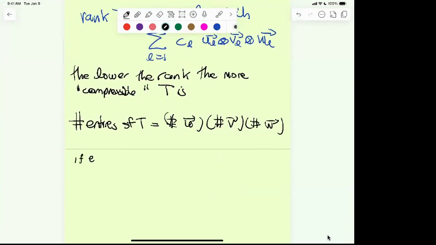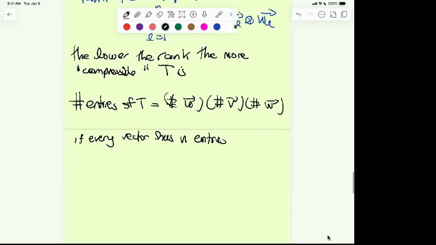If every vector has n entries, then how many entries would T require? If it's order 3, just to make something concrete, it would be n times n times n, so n cubed entries.